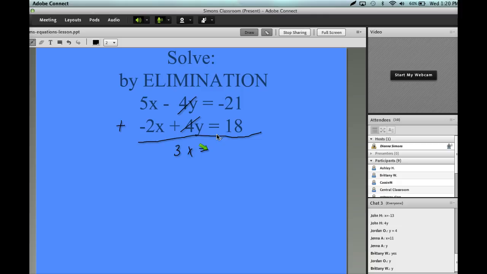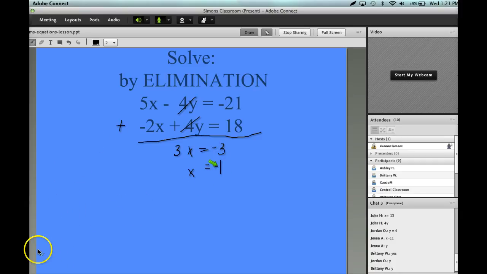And negative 21 plus 18. So what's x? 1. X is 1. Does that make sense to everybody what I did? Wouldn't it be a negative 3? Oh, yeah. Oh, thank you. Ashley's up on it.